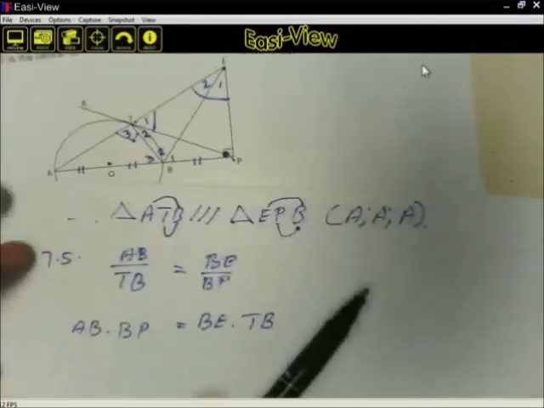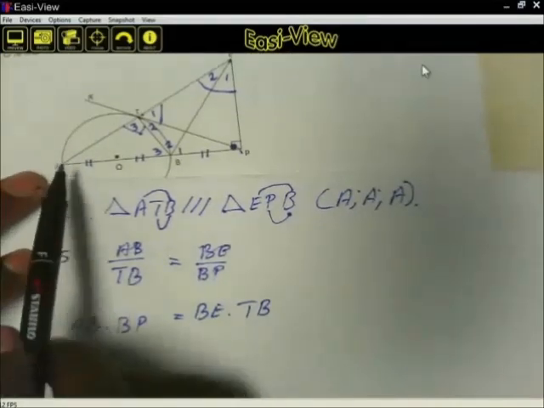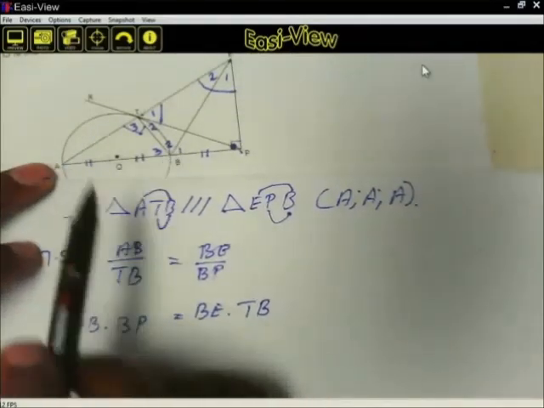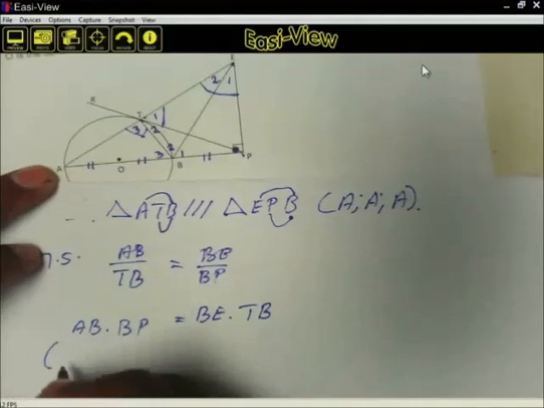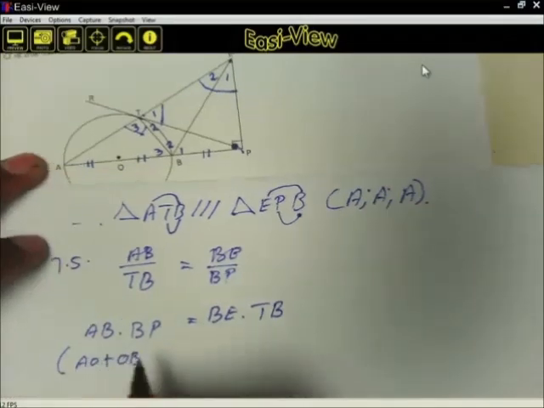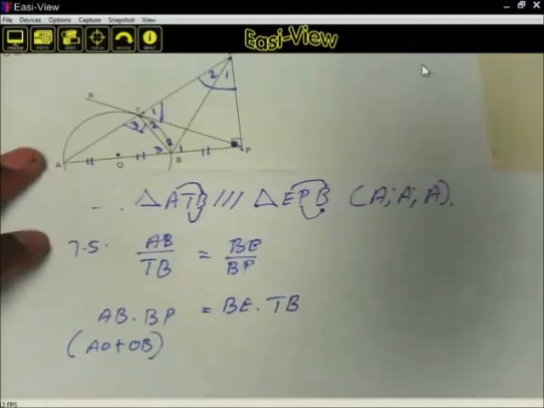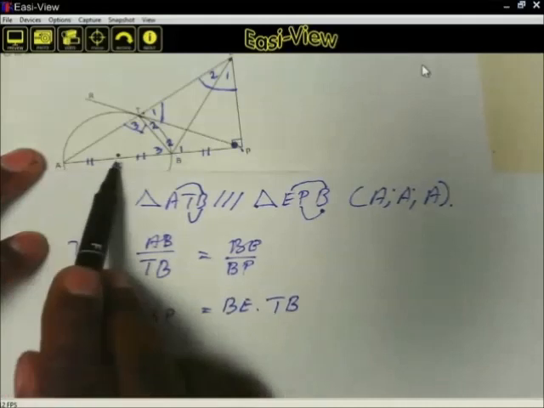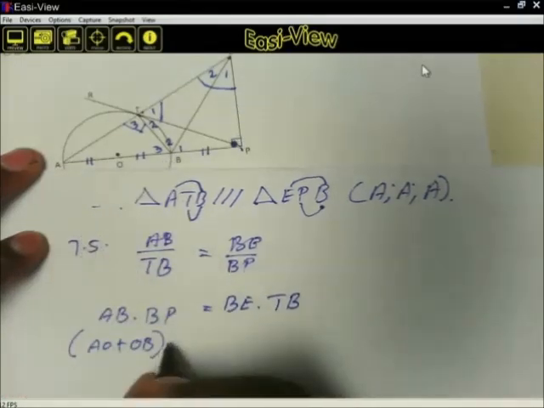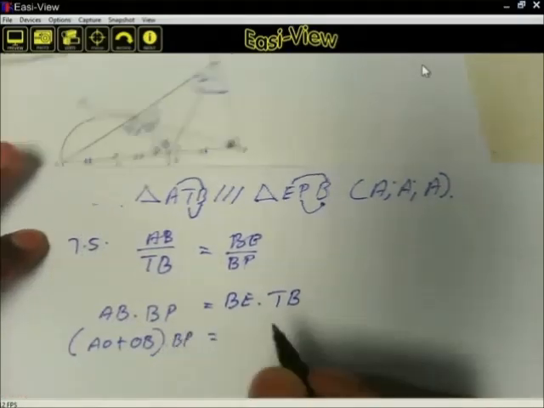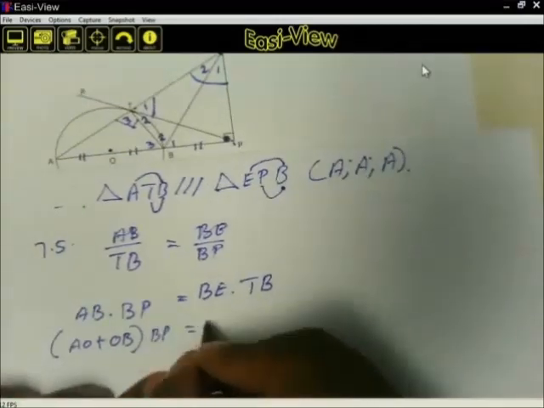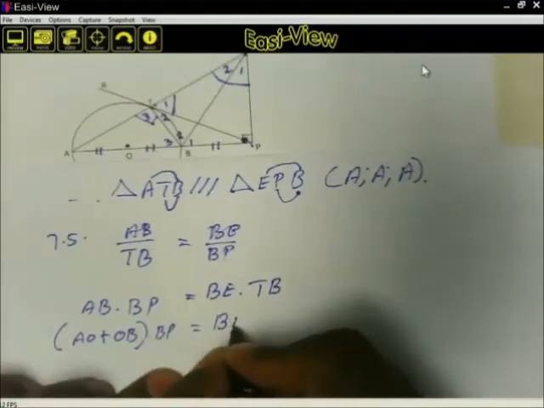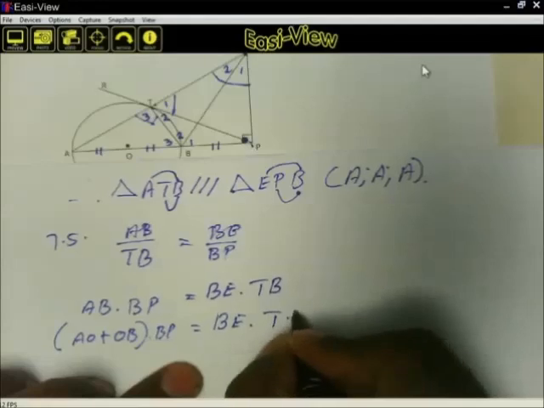Now let's go back to the diagram and check AB. AB is the same as AO plus OB, and then you multiply by BP. Remember, the product is still BE multiplied by TB.